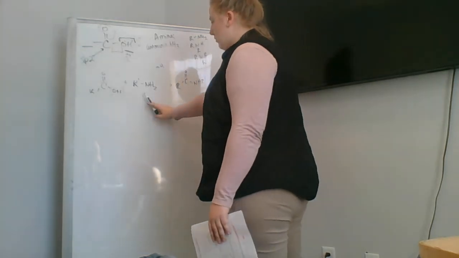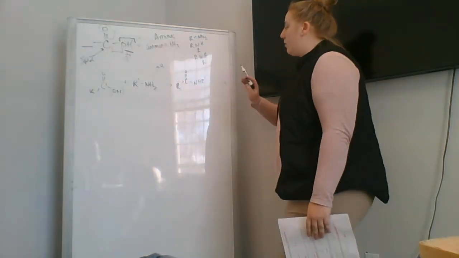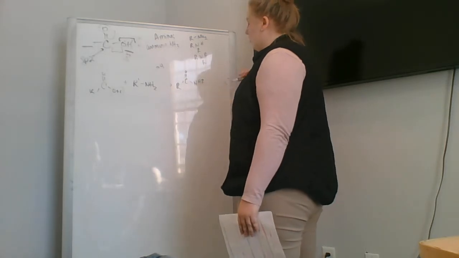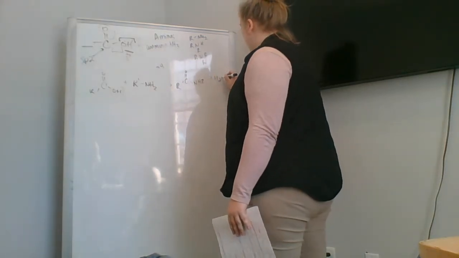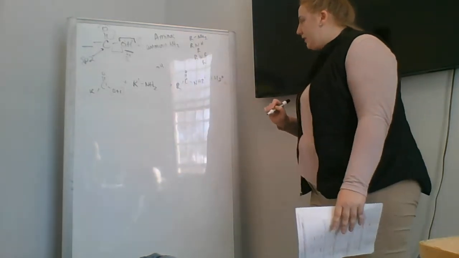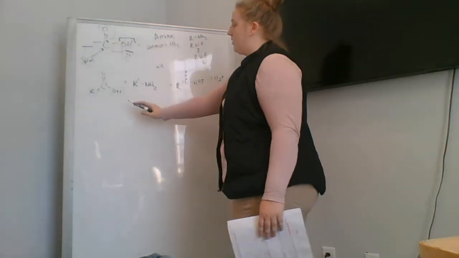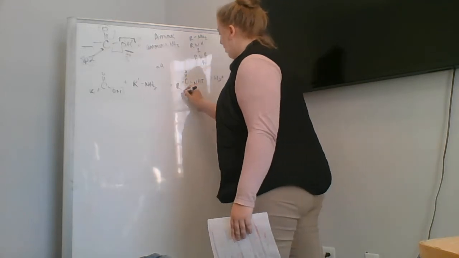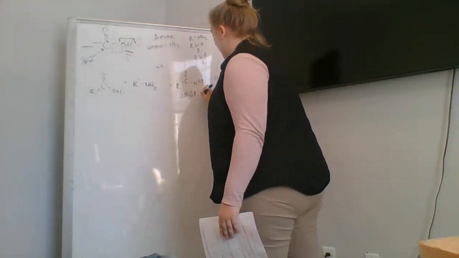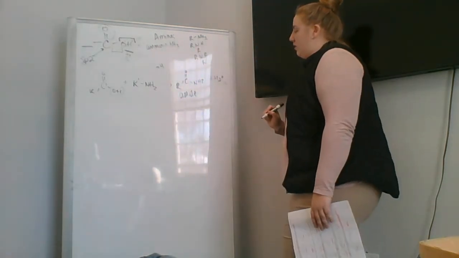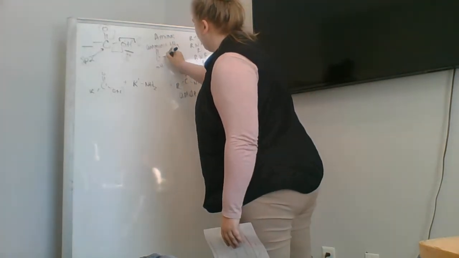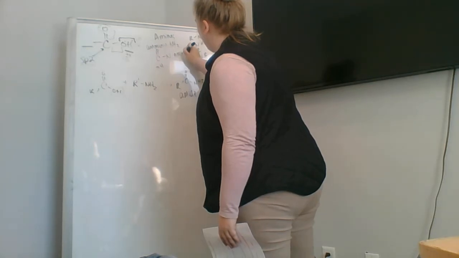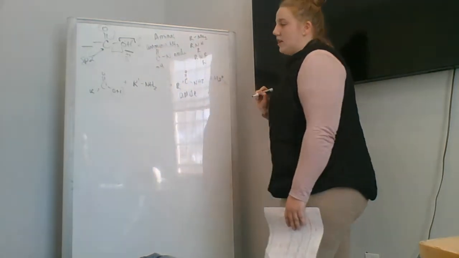Technically we could also do this with a secondary amine. We would not be able to do it with a tertiary amine because there wouldn't be any hydrogens to remove. But again, water is also another byproduct here. So carboxylic acid plus amine gives what is referred to as an amide. When you have the nitrogen bonded directly to the carbonyl group, that's considered an amide instead of an amine.